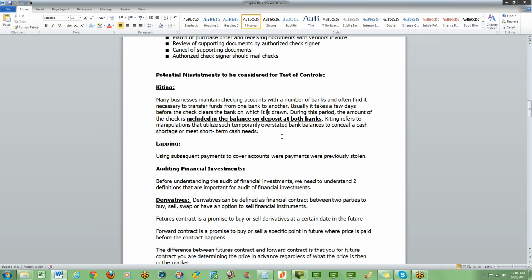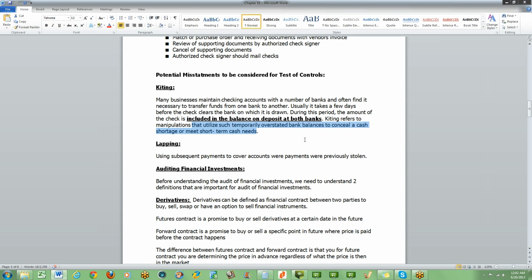At the end of the year, think about that entry: debit cash, credit sales. And so the balance is included on both sides at both banks. Kiting refers to manipulations that utilize such temporarily overstated balances. The bank balance is overstated on both sides.